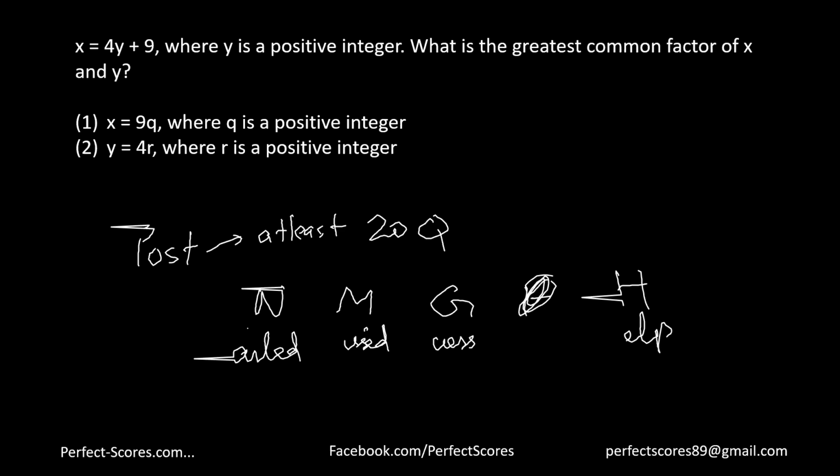You have no idea. Or F, do you need a faster way of solving it? So try to categorize your questions when you solve them using these categories, and then let me know what you're feeling. I'll be available throughout the week on the chat and on the forum as well, and you can always ask me. So before I hit the end button, is there any question that you have for me?